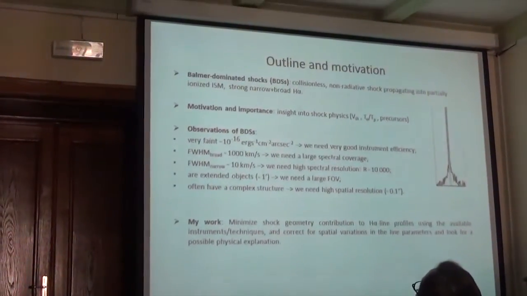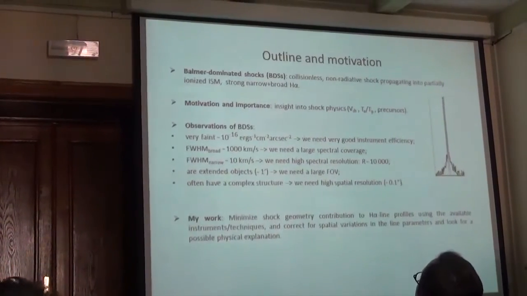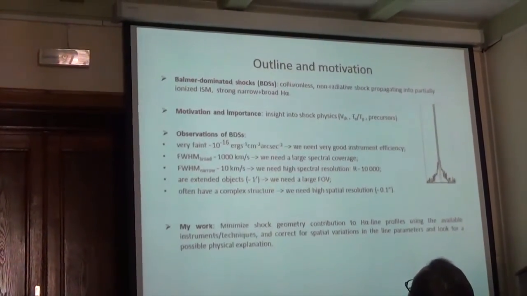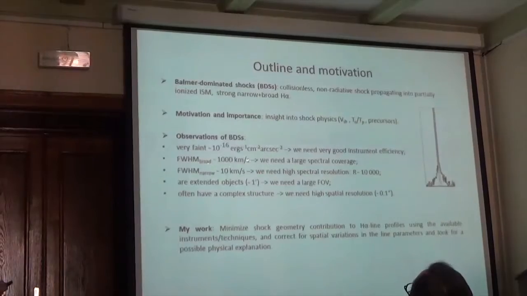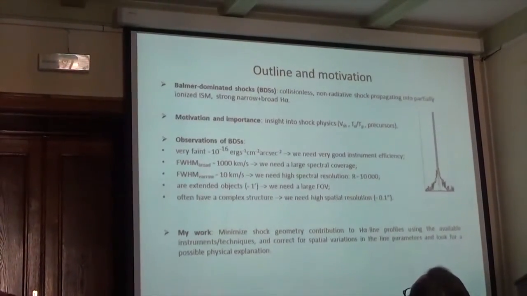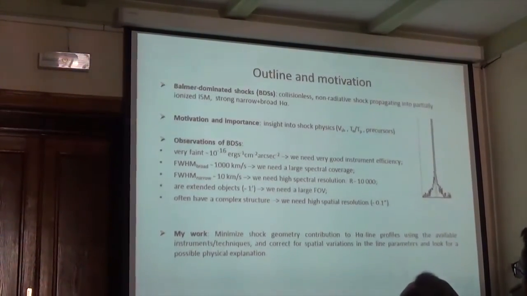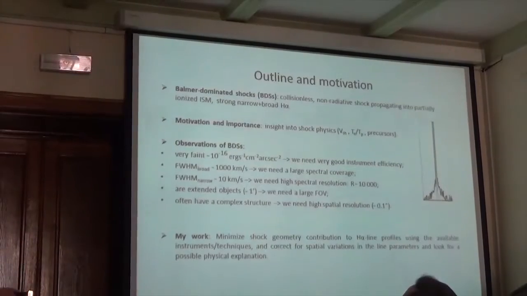These filaments are very faint, so you would need an instrument that has a very good efficiency. In order to resolve the broad line component, you need a large spectral coverage. On the other hand, in order to resolve the narrow line component, which is 10 kilometers per second, you need high spectral resolution.